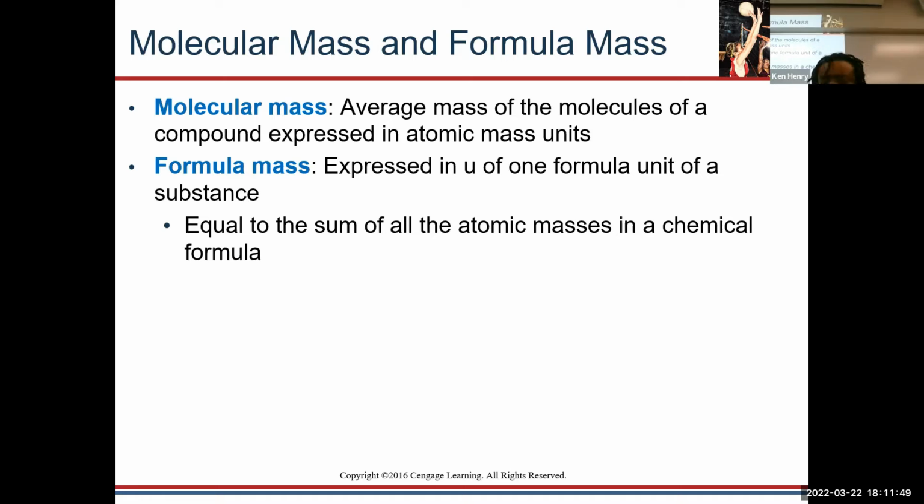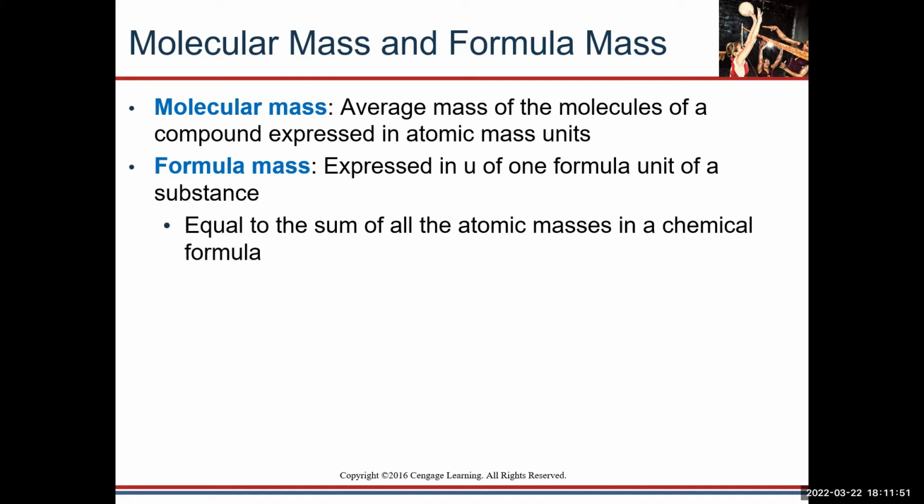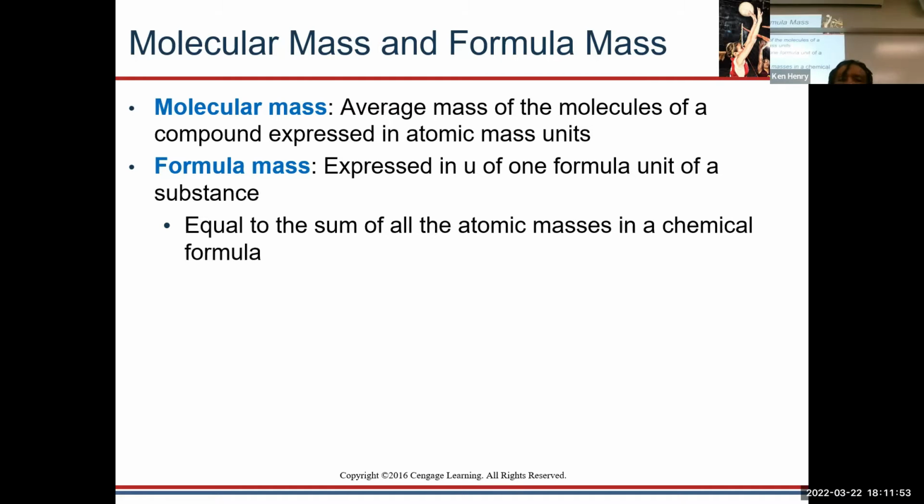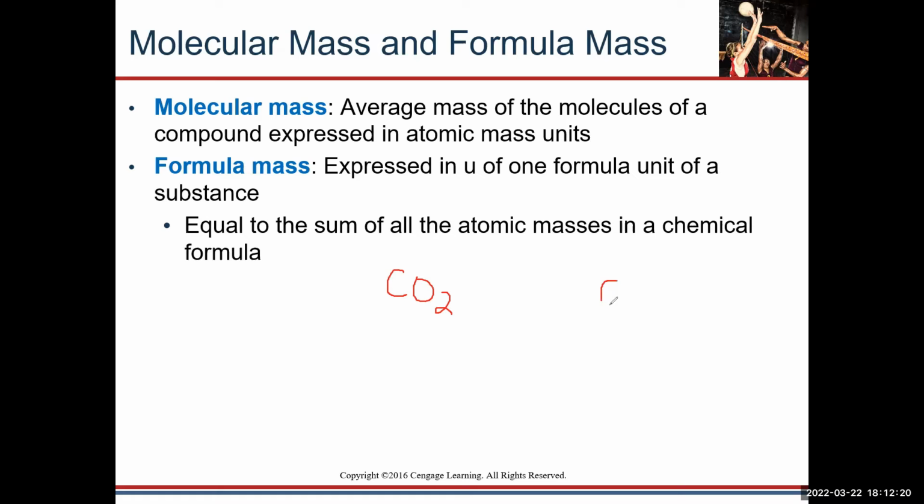Okay, so when we talk about molecular mass and formula mass, there's a little bit that's distinguishing those two. So molecular mass refers to a molecule. And often when we think about a molecule, it's going to be a covalently bonded molecule, right? For instance, if we drew the Lewis dot structure of carbon dioxide, who's going to be in the middle? Carbon.